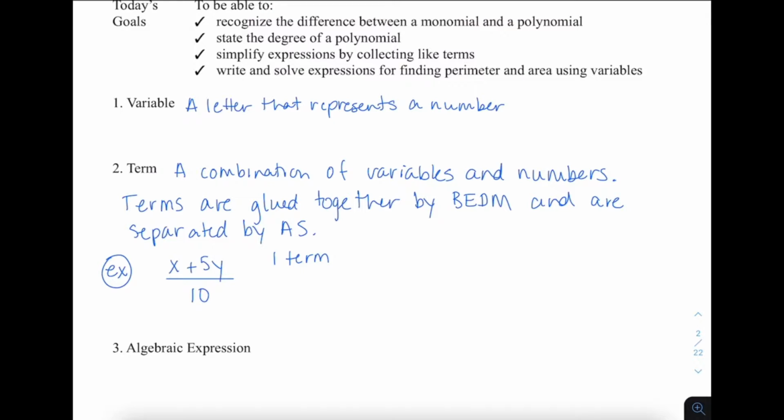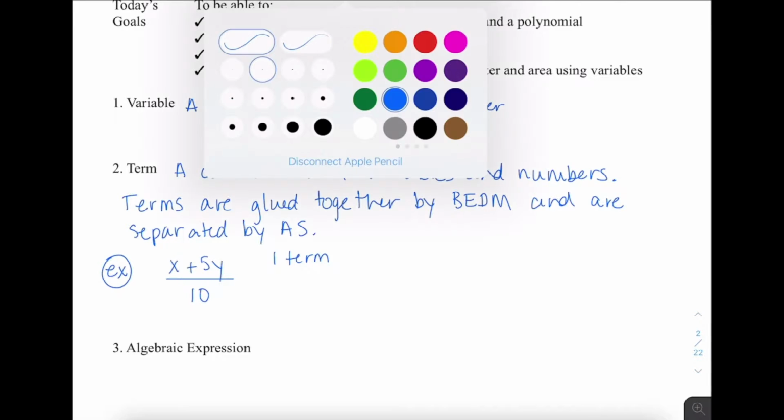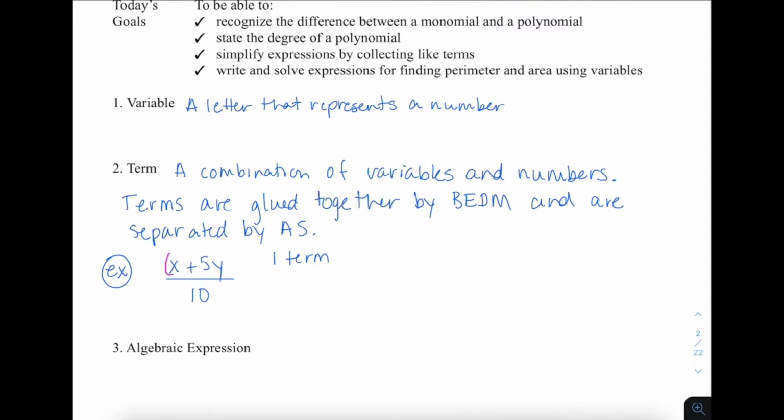The reason is that the top is glued together by, I call these implied brackets, but they're all glued together by being in the numerator, and the numerator is divided by 10. So actually the glue here is division. And in fact, if I were to write it in a straight line, instead of having a numerator and denominator, I would have to put brackets around the x plus 5y, so I can tell that this is all glued together as one term.